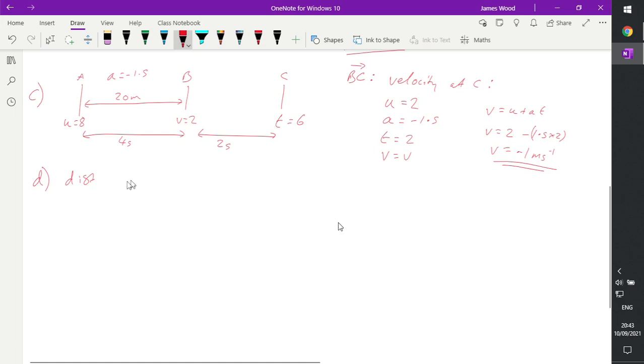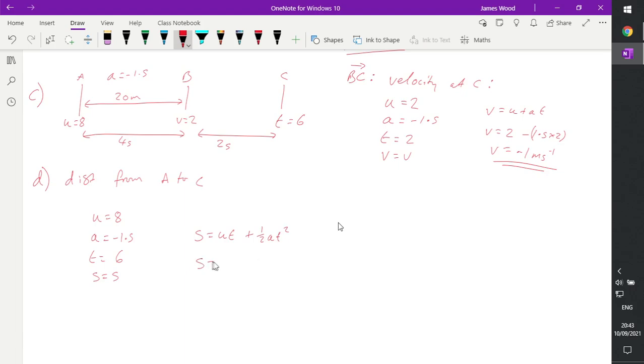On the distance from A to C, well, we've got lots of information to work with now. So let's go for the whole trip. So u is 8, a is minus 1.5. We know that the time taken to go from A to C was 6, and we want to find the distance. So I can use s equals ut plus half at squared.